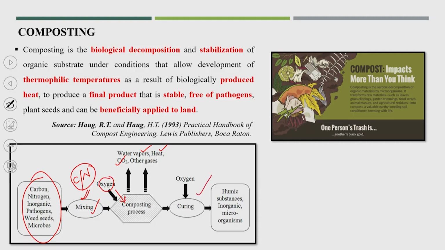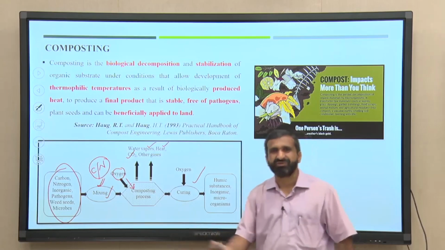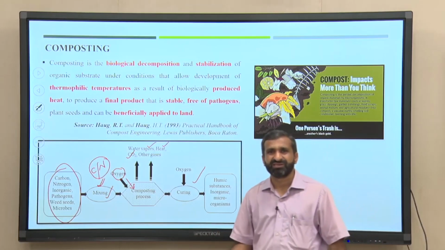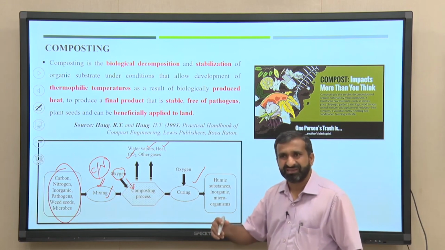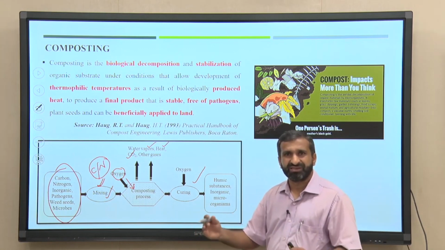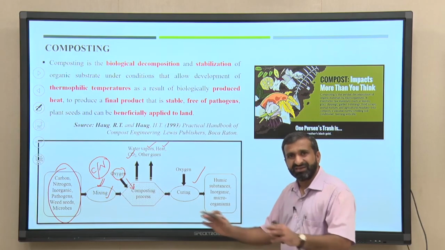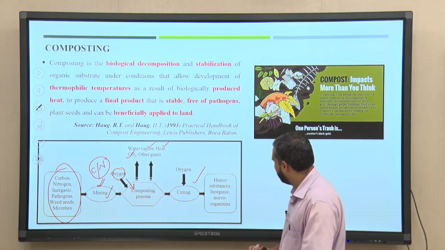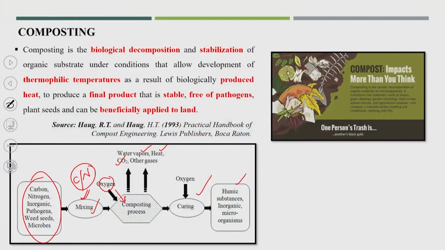Most methods do not require curing, but if you can keep it for another 30 days, the final degradation is possible, and finally we get compost containing humic substances along with some microbes.